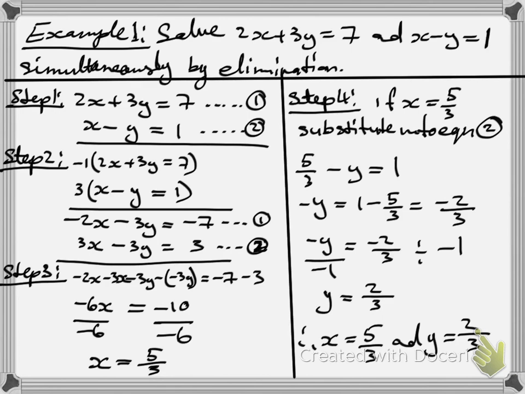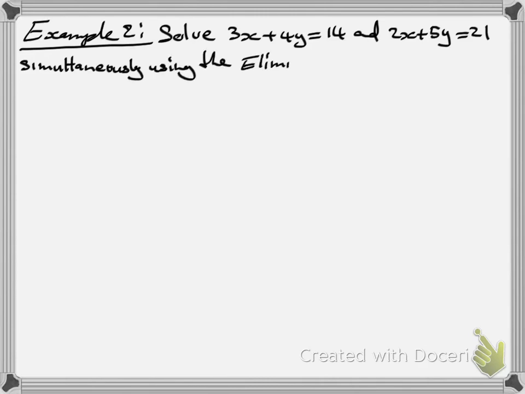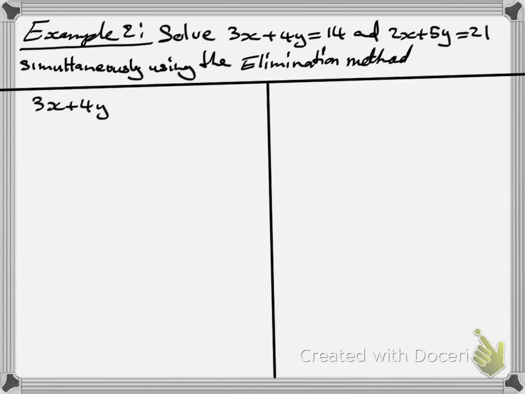Right, moving on. Now we go to another example. Example number 2: solve 3x plus 4y is equal to 14 and 2x plus 5y is equal to 21 simultaneously using the elimination method. The first step is to label my equations, equation number 1 and equation number 2.